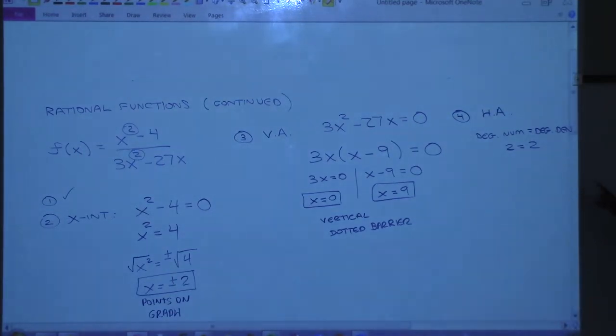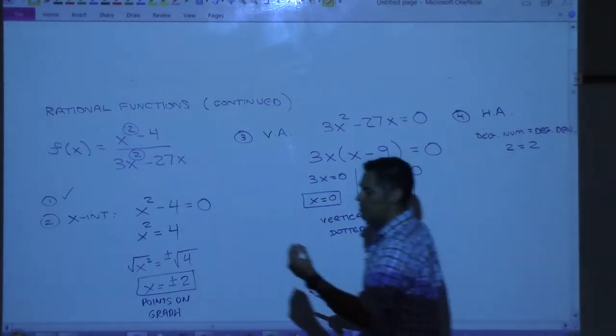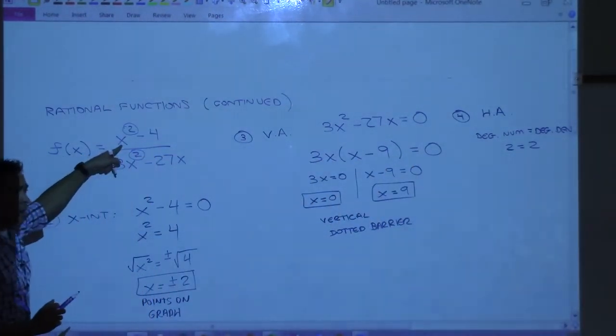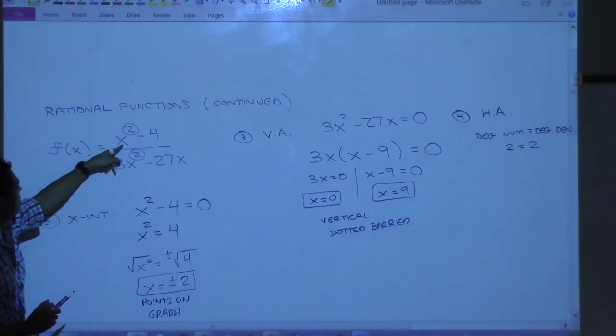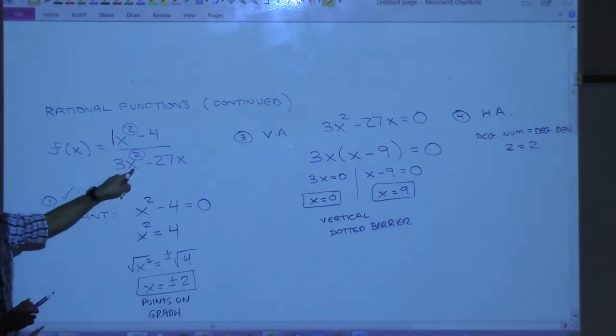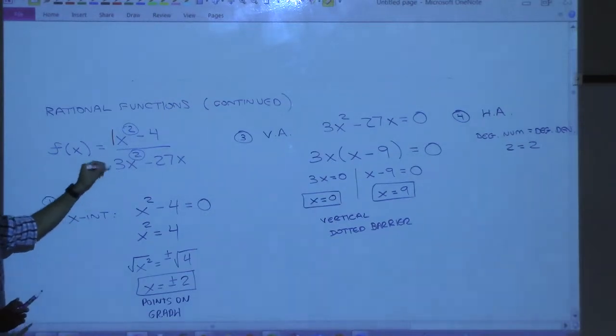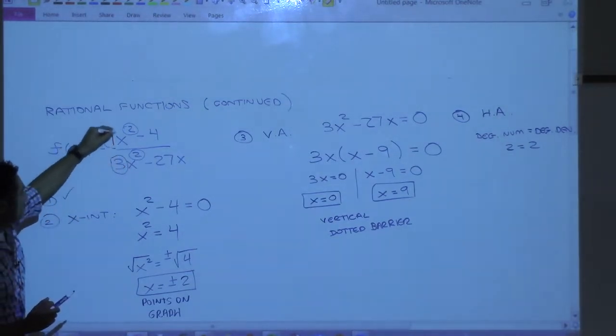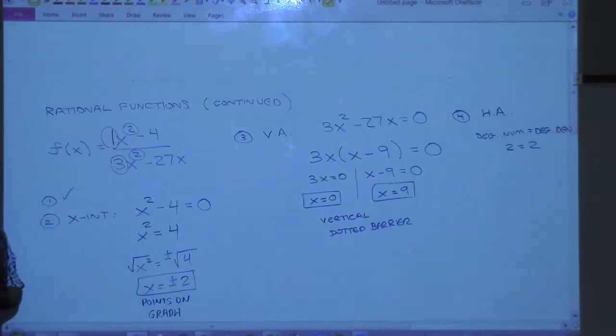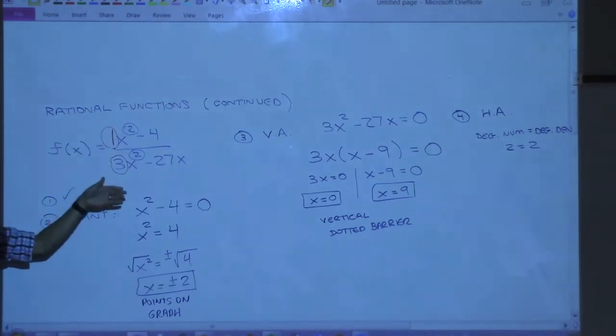In this case, and only in this case, you have to actually look at some numbers. You have to take a look at the number in front of x squared here. What's the number in front of this? 1. And then the number in front of this x squared, which is 3. And you're going to create a fraction out of them. You're going to go 1 divided by 3.